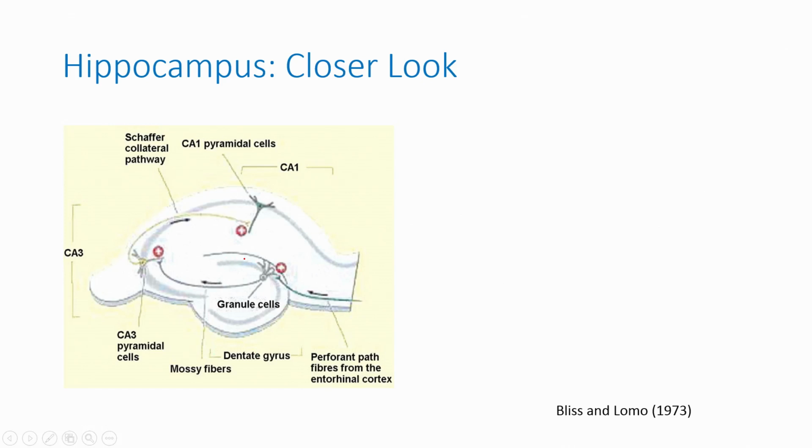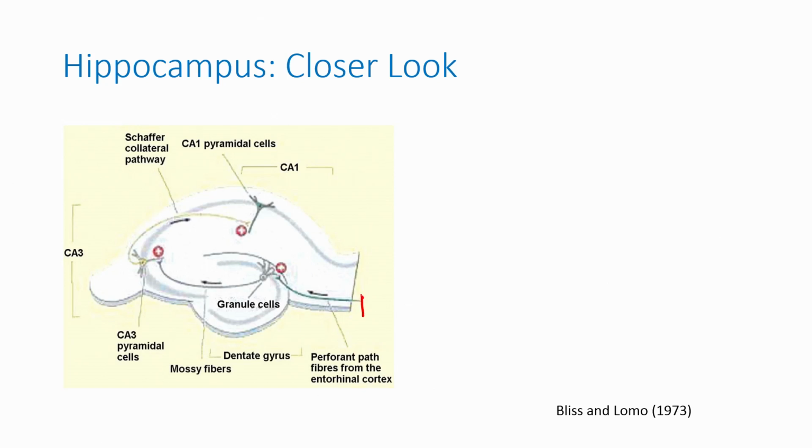Each of these regions has a marked difference in cell types, and a very characteristic input-output relationship. The input to this hippocampal region comes from the entorhinal cortex through a pathway called the perforant path.